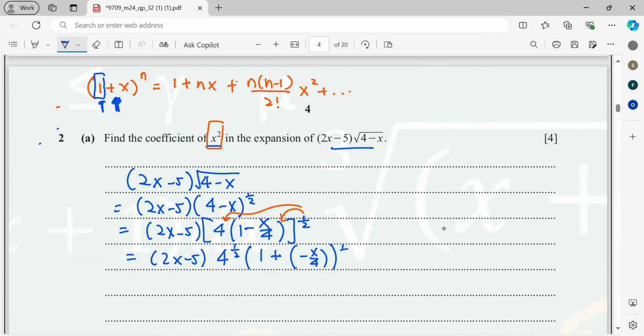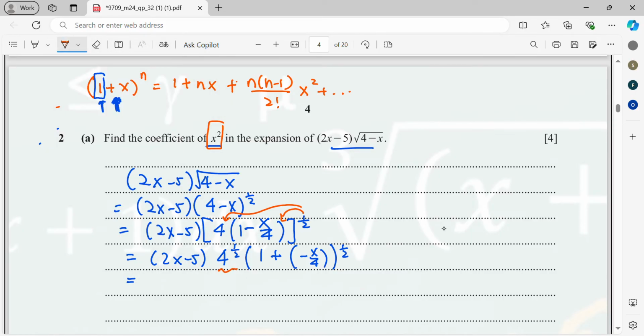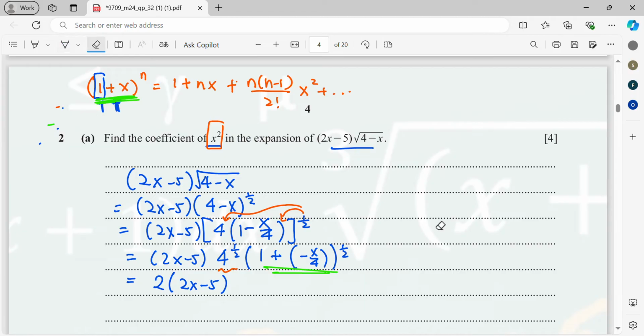Then the power half. Now 4 to the power half is basically the square root of 4, so it can be taken out and changed to 2. It will be multiplied with 2x minus 5 and followed by the expansion. Just use this binomial expansion formula to do the expansion up to x squared.